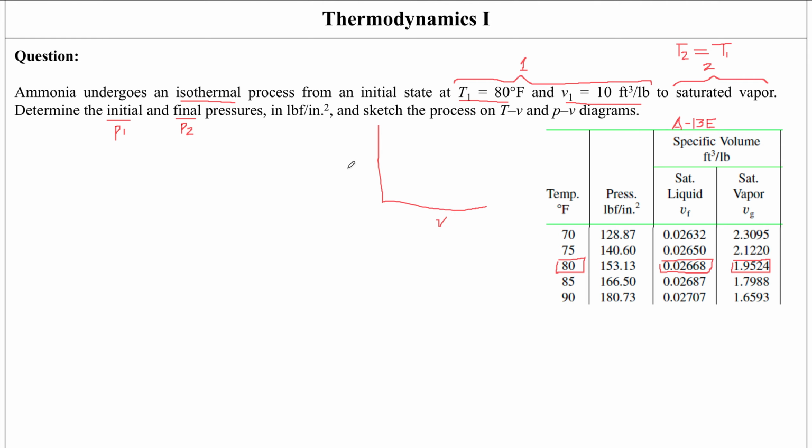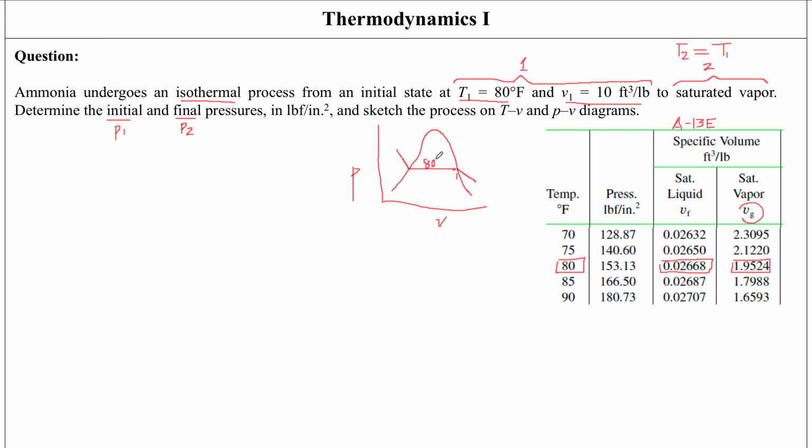Let's say we've got this PV diagram here. I got some kind of curve over here. So on this diagram, there's going to be a constant temperature curve. Okay, let me represent it by this. And so what this value represents is Vg. Let's say this is at 80 degrees.